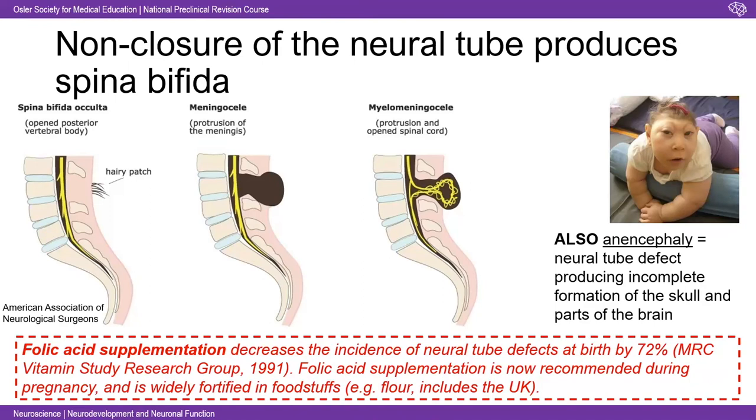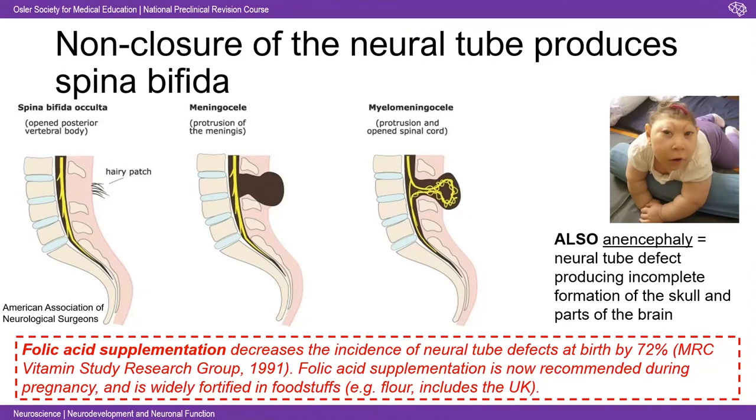If this failure of closure happens in the cranial area, then you're going to get a more severe disorder called anencephaly, which is where you get incomplete formation of parts of the skull and parts of the brain, and there are going to be quite serious neurodevelopmental consequences to that.